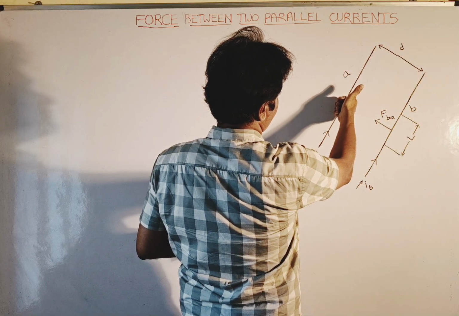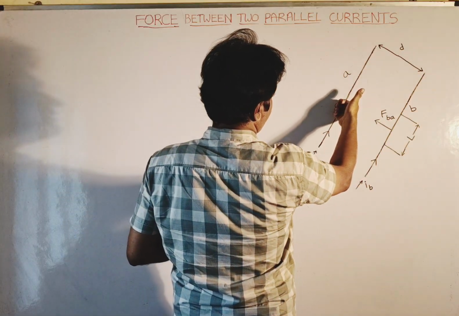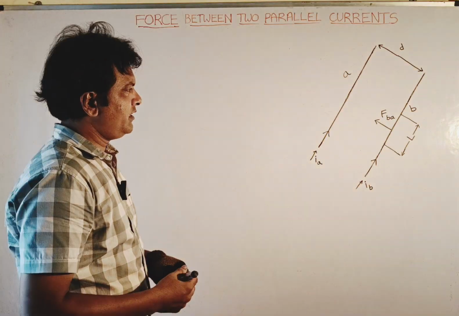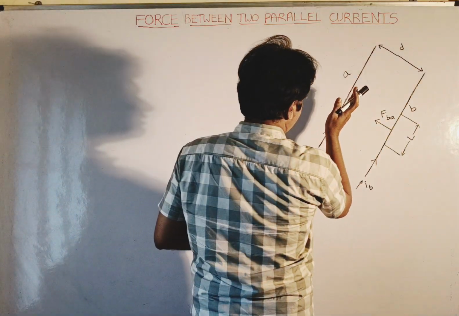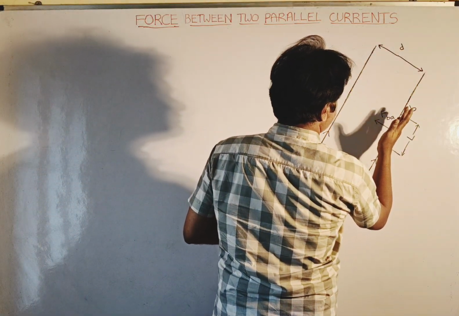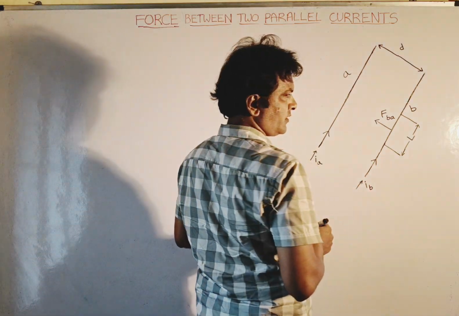So if the thumb shows the current direction, the curled fingers will be showing the magnetic field, and due to this magnetic field, this conductor will experience a force called FBA.